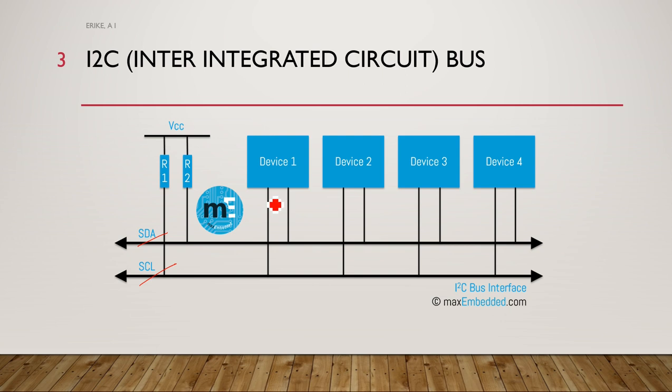We have many devices connected to both of those lines. Each of them is connected to the serial data and the serial clock, and all of them are connected to VCC through pull-up resistors, R1 and R2.